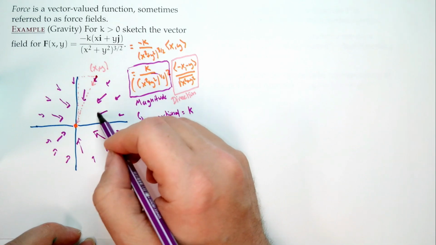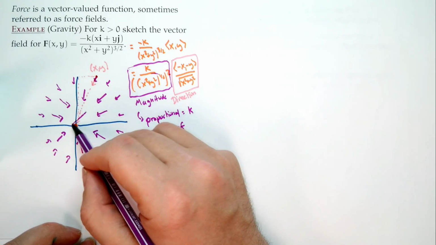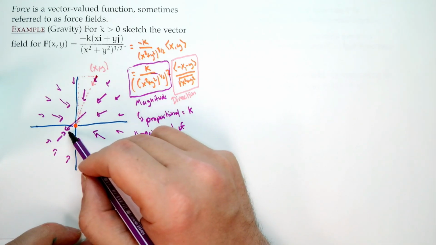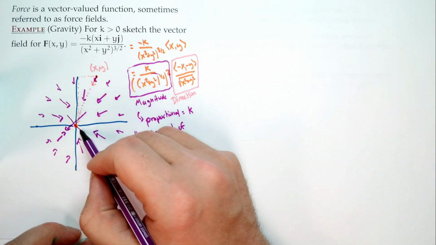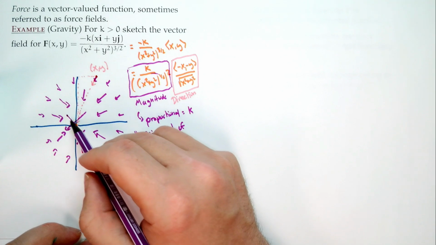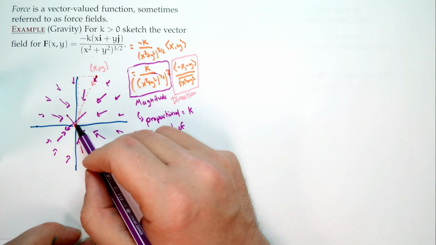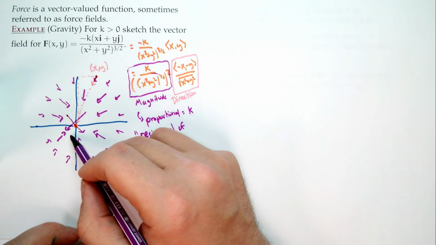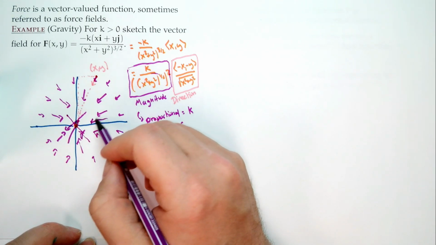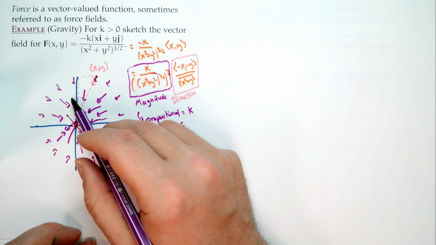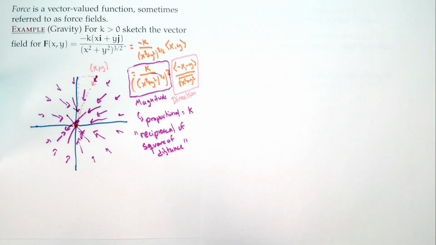Well, your arrow gets very long. It could even go past the center. It would actually cross over the center, but I'm just putting it here. Why would it go past? Well, remember, you're starting here, it might be very strong, and if you got really close here, it would be a super, super strong pull. And so there we go. It's pulling us towards the center. That's what it's doing. That's gravity.